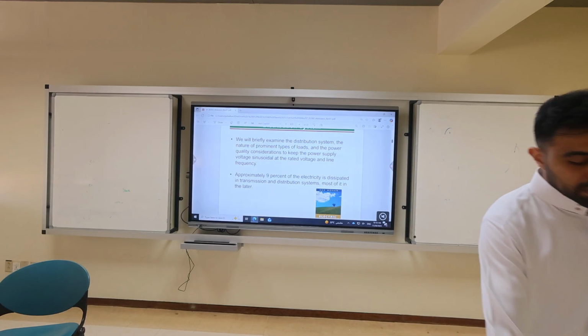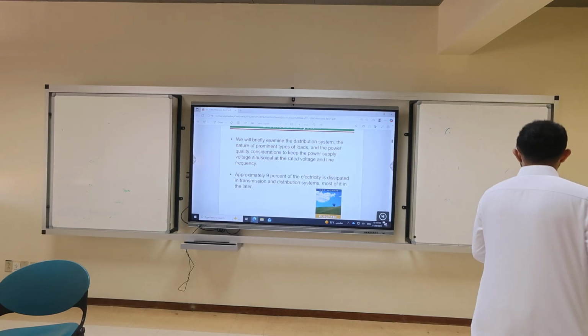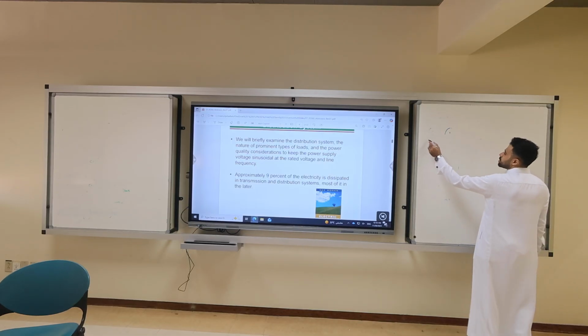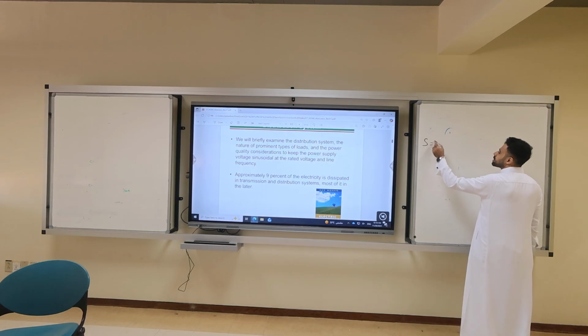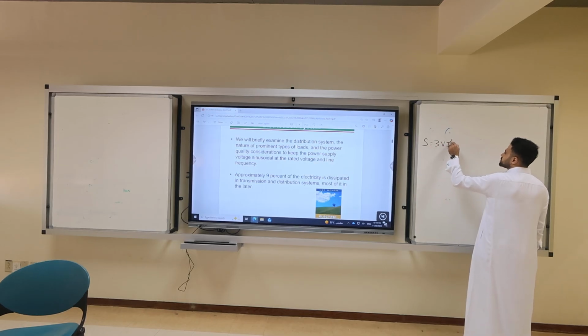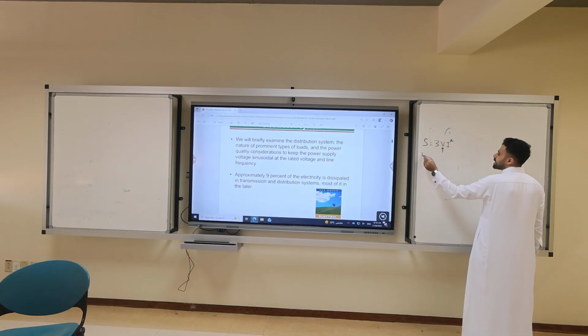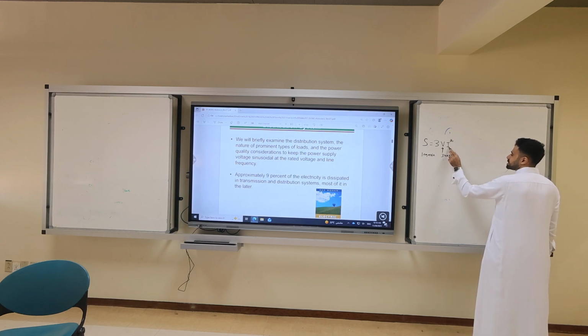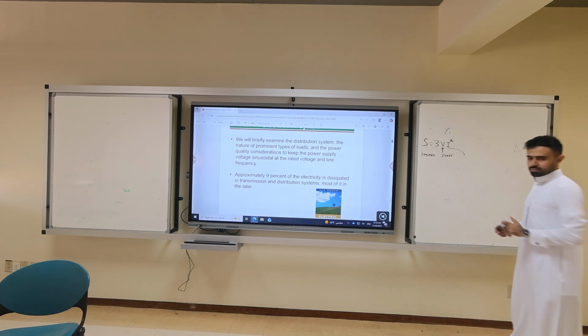For a simple reason. For transmission, we have S equals 3VI conjugate. For a transmission, let's say 100 MVA, if you have a voltage level of 340 kV, what is the current magnitude?